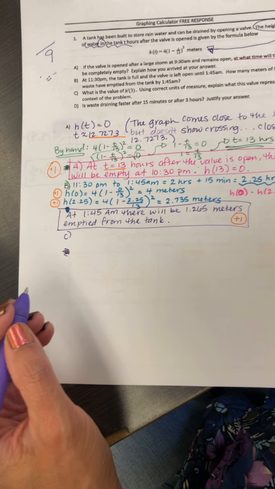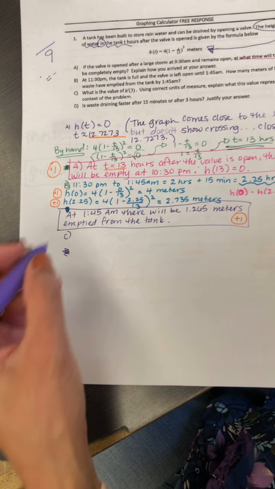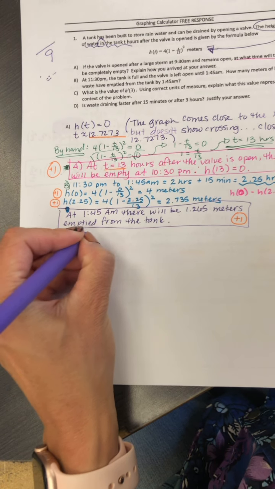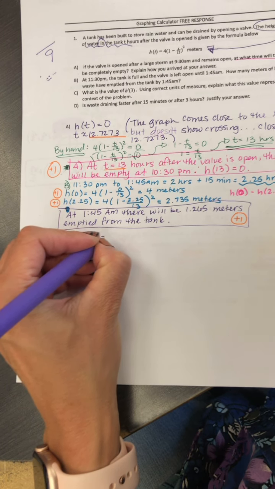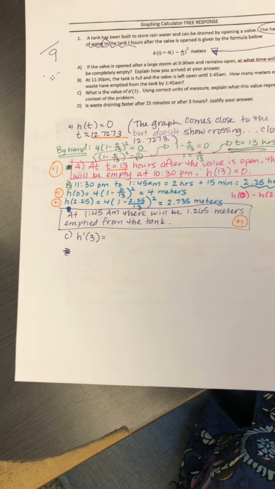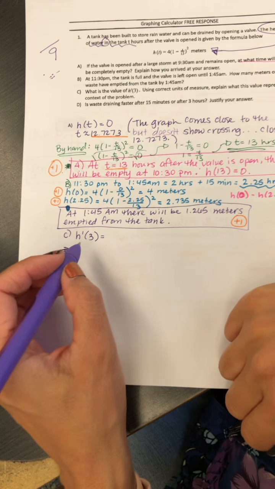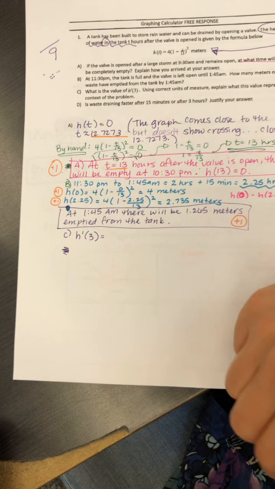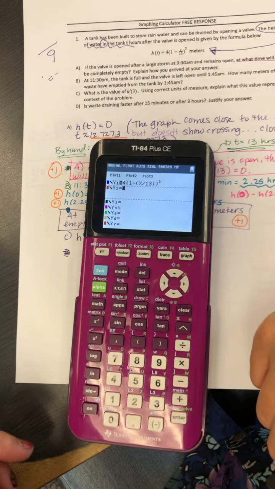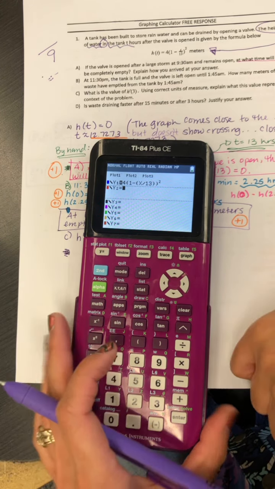And that means that we can do that on our calculator. We are going to be using our calculator for this, and we already have the function typed in. I have it right there. So for y2, I can do the derivative in here.